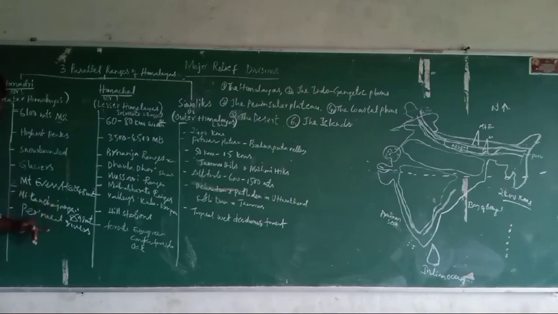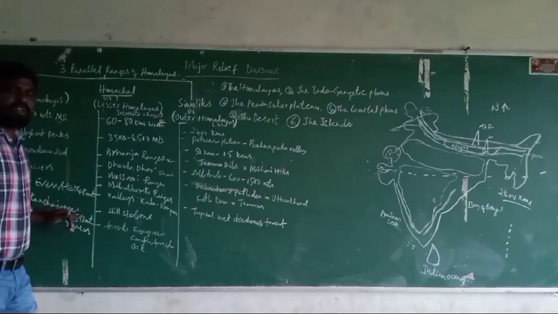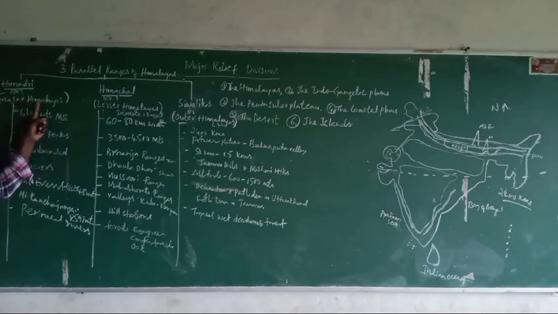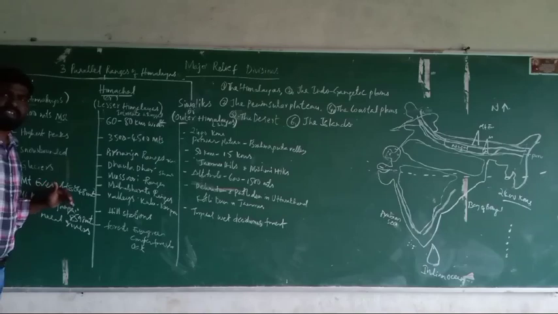What are the perennial rivers? The Indus, the Ganga, and the Brahmaputra. These rivers have their source in the greater Himalayas. So, many peaks above 8,000 meters are present in the greater Himalayas.